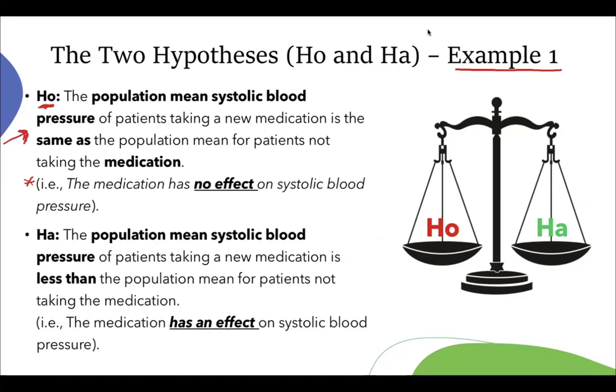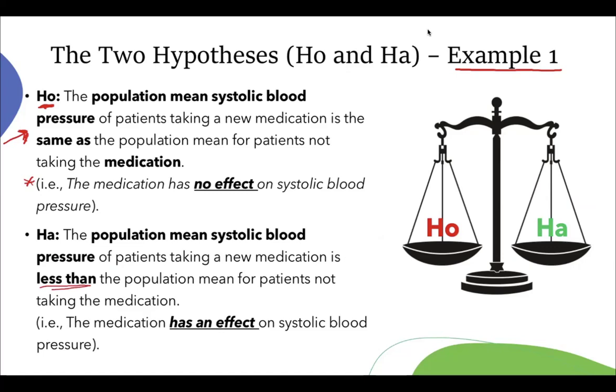The alternative hypothesis, the population mean systolic blood pressure of patients taking a new medication is less than the population mean for patients not taking the medication. So here we're saying that there is an effect.